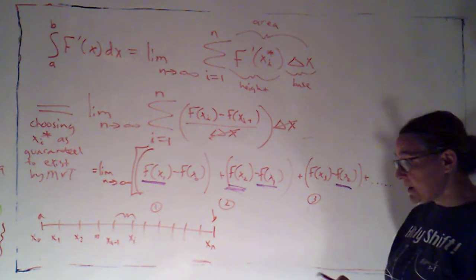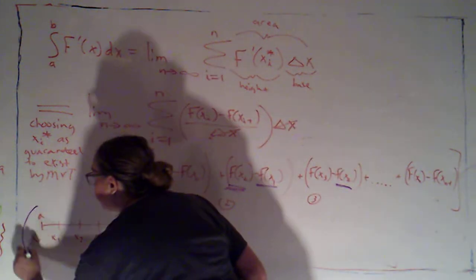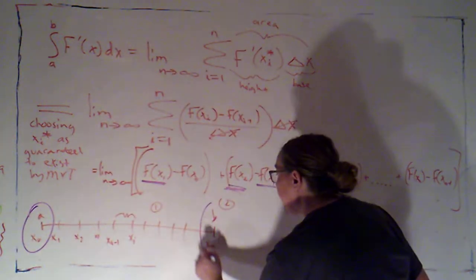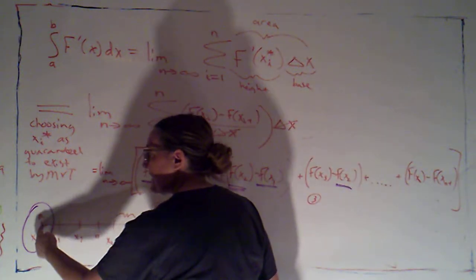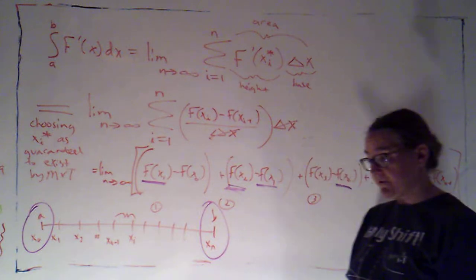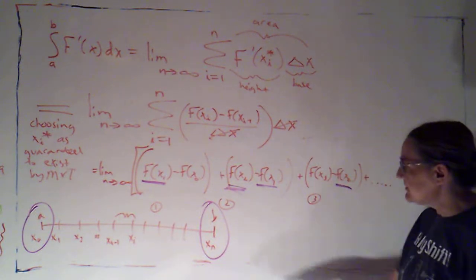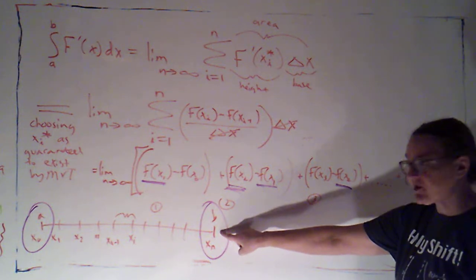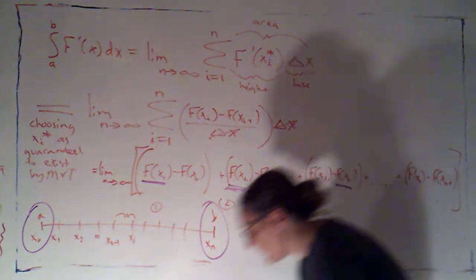The only ones for which that won't happen are the very first and the very last endpoint. Because x naught here, that's a left endpoint for that subinterval, but it's not a right endpoint for anything. Similarly, xn, that's a right endpoint for the whole thing, but it's not a left endpoint for anything.